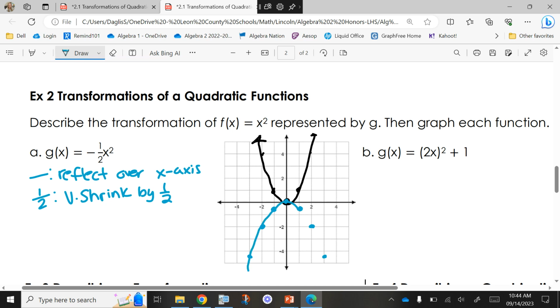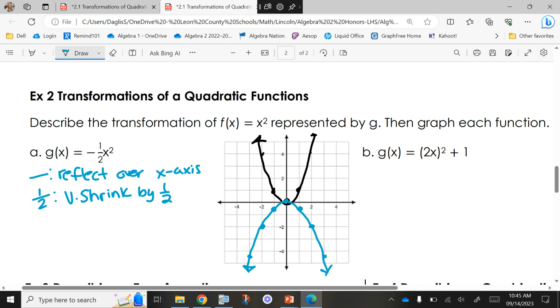And here is our parabola, like that. There you go. So those are the ones we're trying to plot. We good? Because we're going to do it again.